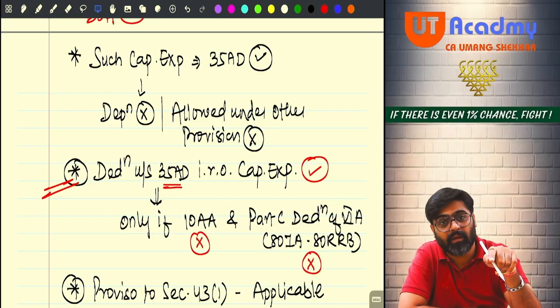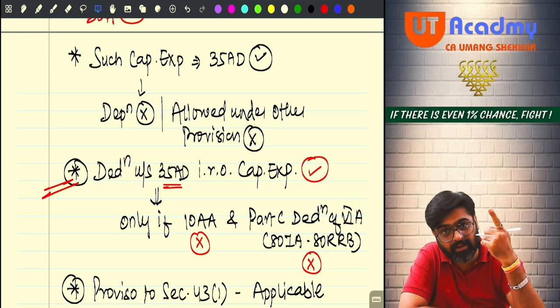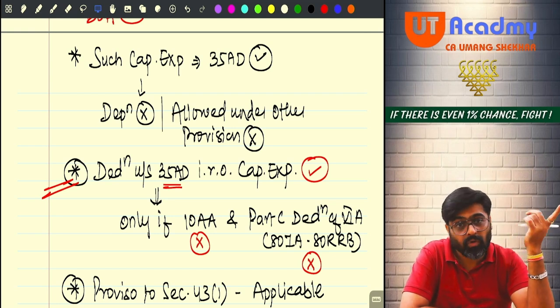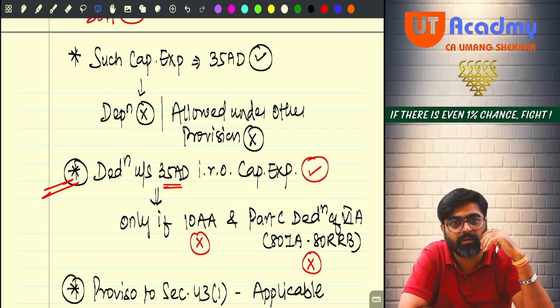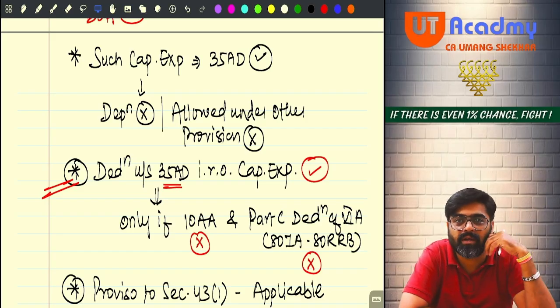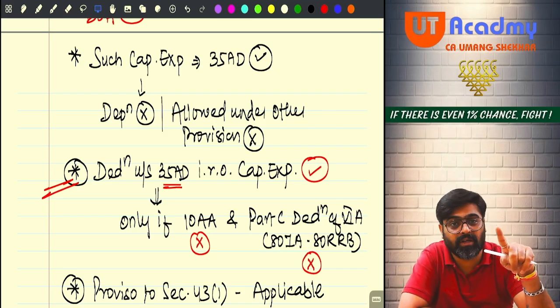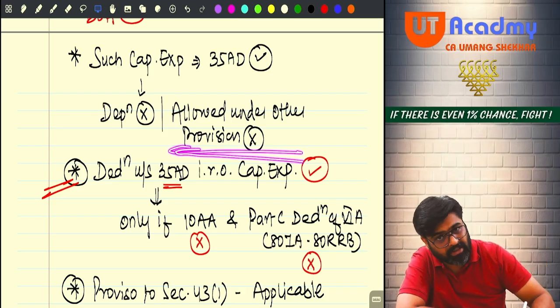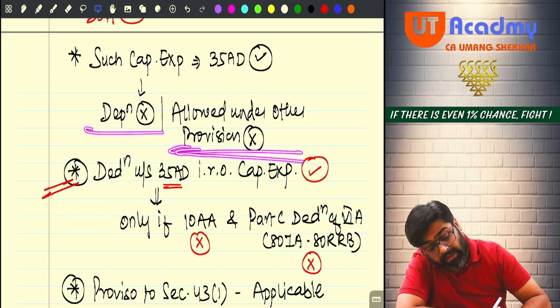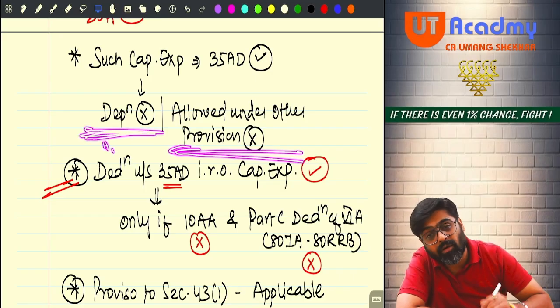If you try to claim depreciation on that, we will not give it, because the entire cost we have allowed under section 35AD. So the entire capital expenditure already allowed under section 35AD cannot be claimed under any other section of the Income Tax Act, or in the form of depreciation.